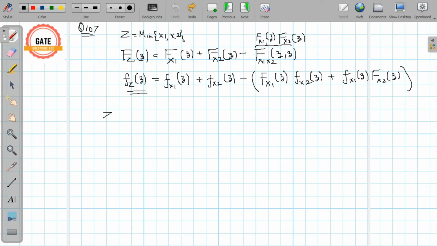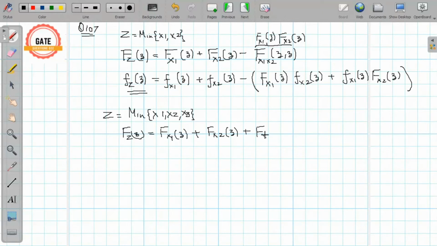Similarly, if in the question it's given that z is minimum among three random variables x1, x2 and x3, where all three random variables are continuous random variables, we know that its CDF is given by the sum of three marginal CDFs minus three combinations of joint CDFs of x1, x2, x3.